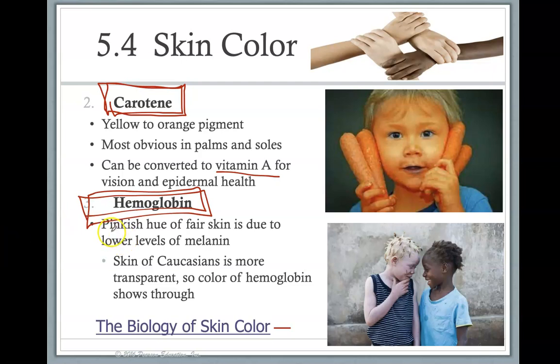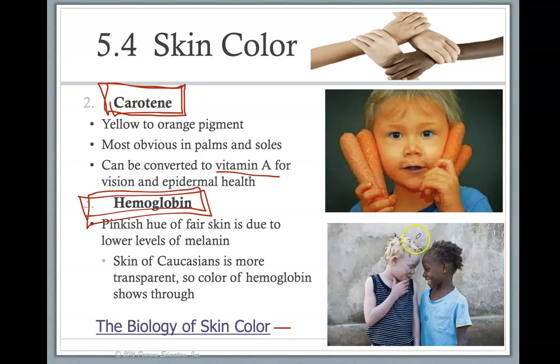So this pinkish hue that we get, especially for fair-skinned individuals that don't have a lot of melanin, is basically just because their skin is more transparent. So the hemoglobin actually shows through. So it's not that they have more hemoglobin, right? It's just that you don't see the hemoglobin as much here because, again, it's masked by the melanin, right?